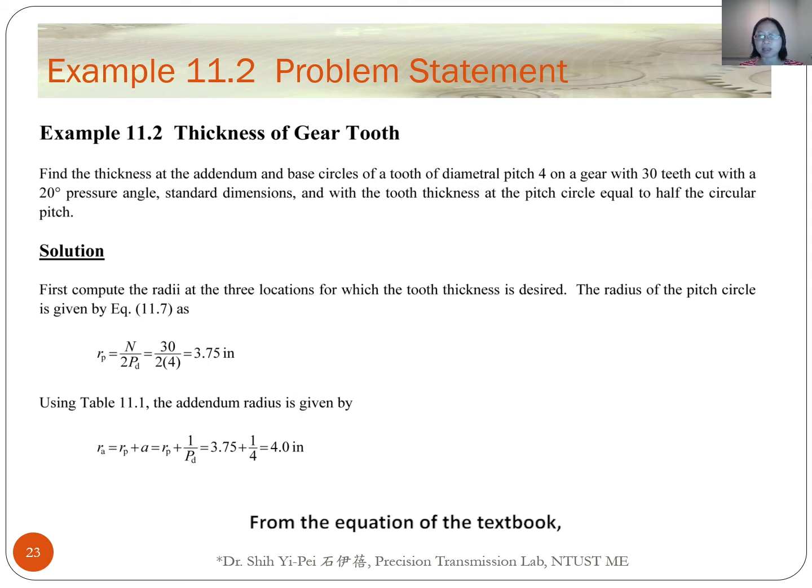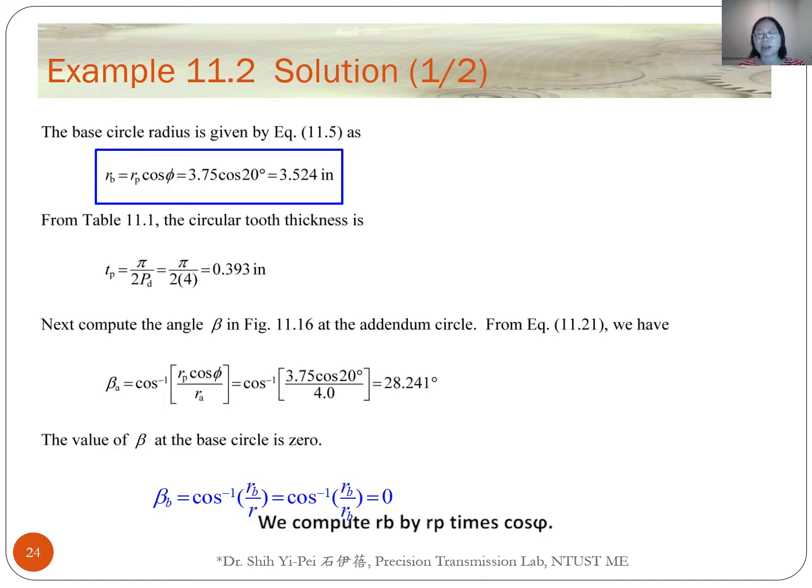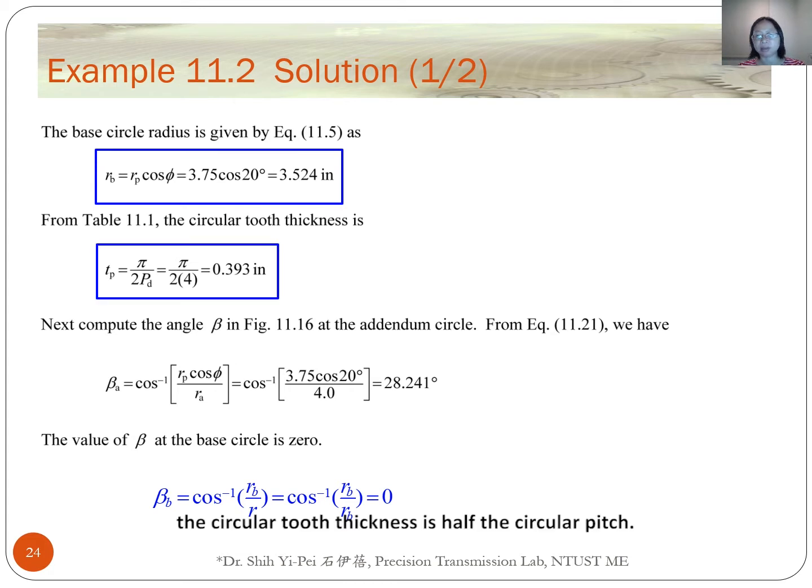From the equation of the textbook, we can get the radius of the pitch circle Rp and the radius of the addendum circle Ra, where Ra is equal to Rp plus addendum A. We can compute Rb by Rp times cosine of phi, and from table 11.1, the circular tooth thickness is half the circular pitch, so we have the value like this.